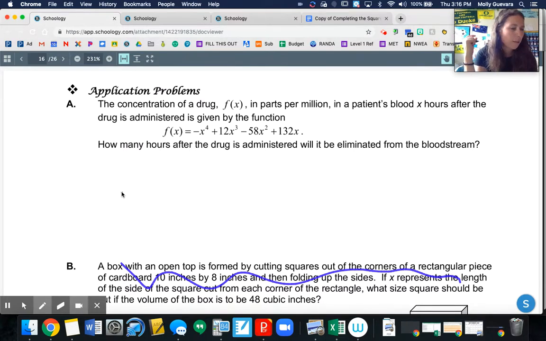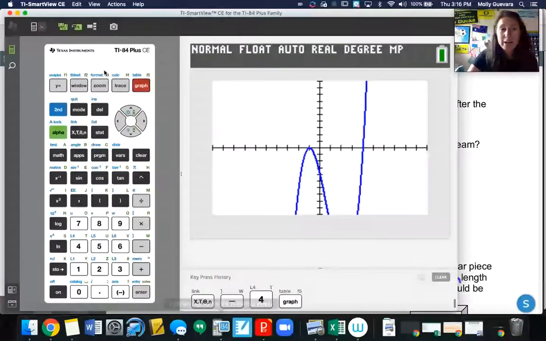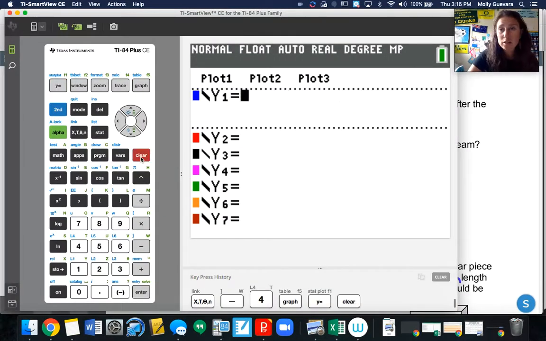So the biggest thing, I have no clue what this graph looks like. Absolutely none. So I'm going to take my graphing calculator and we're going to graph it to see if we can come up with what it looks like.